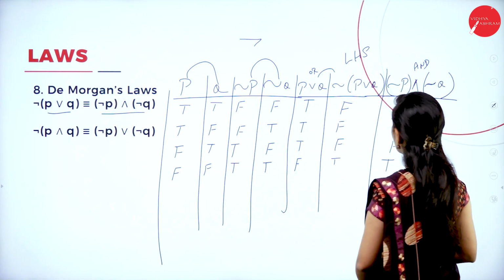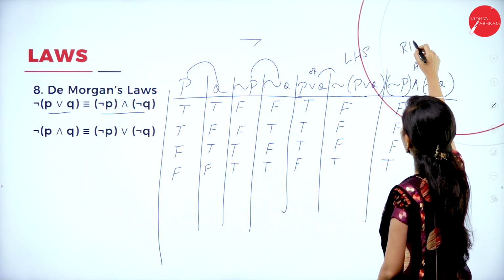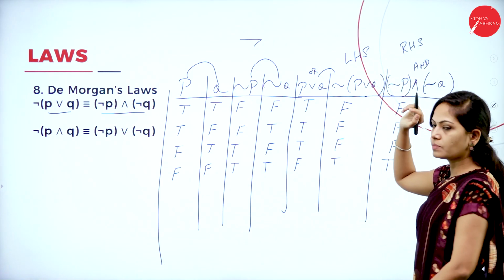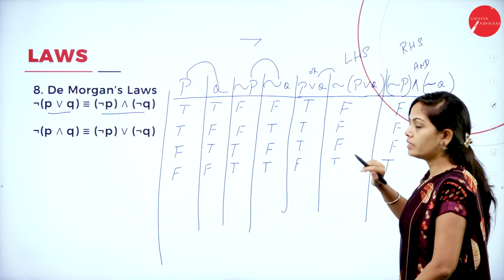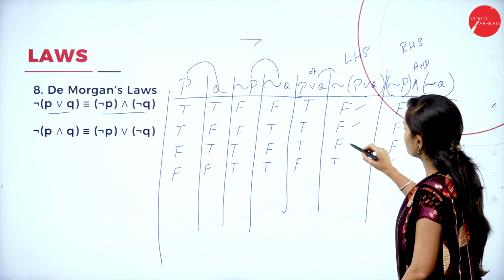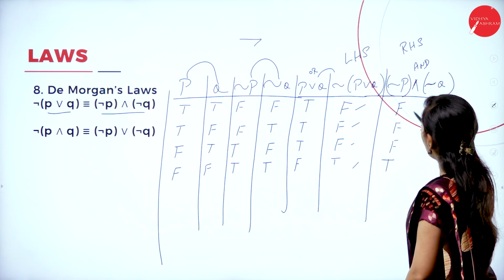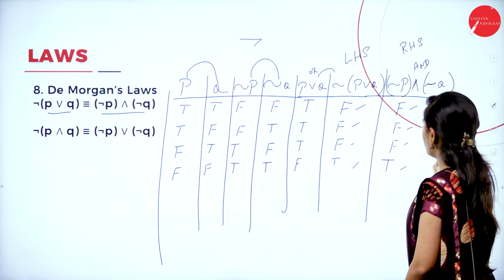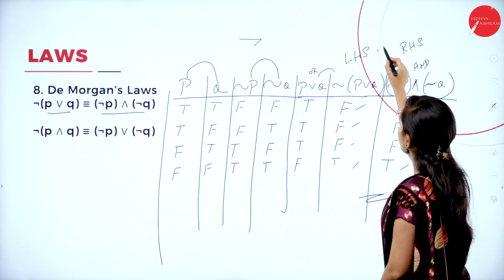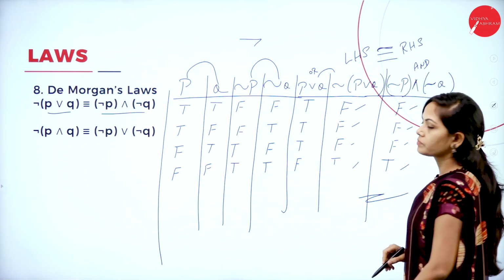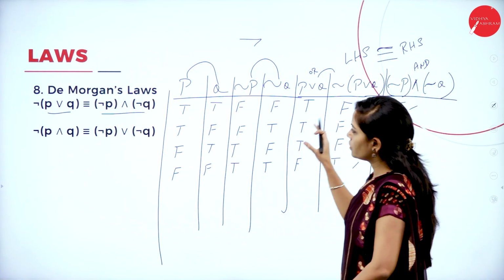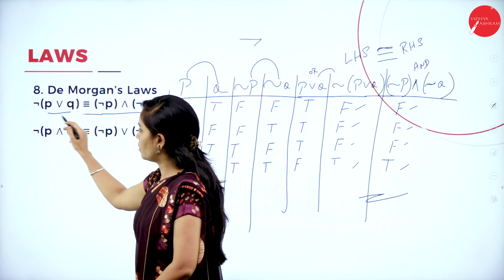True, true means it is true. So now this is your RHS truth values and LHS. Cross verify this. Here in LHS I have false, false, false, true, and in RHS false, false, false, true. So both are equivalent. Clear? So this is your first De Morgan's law.